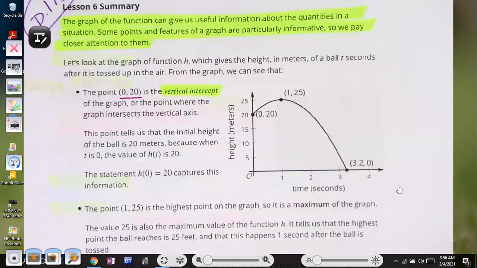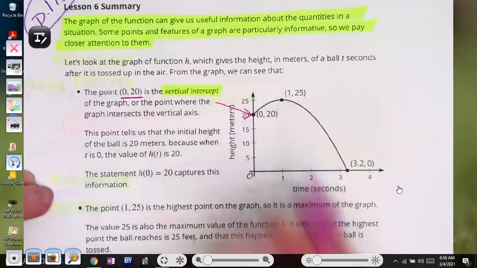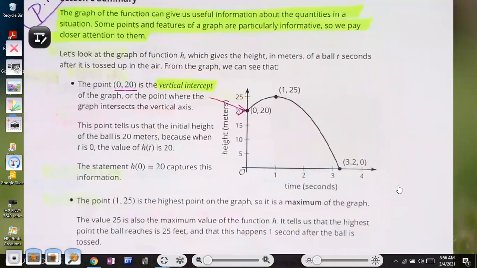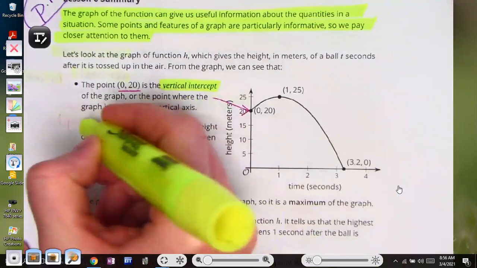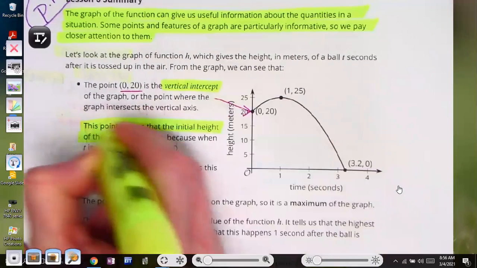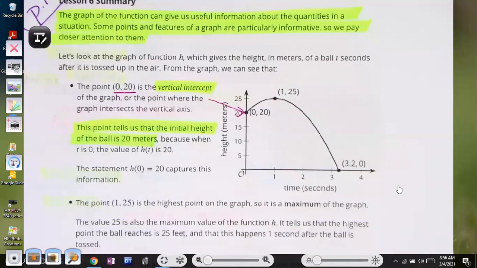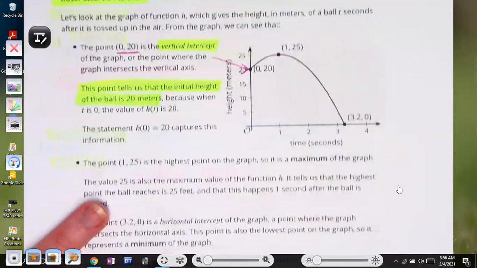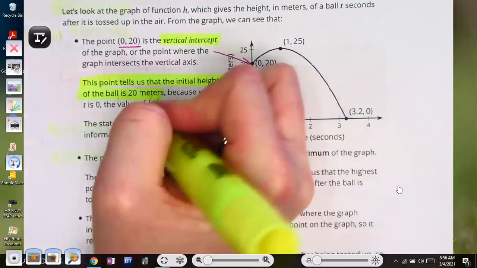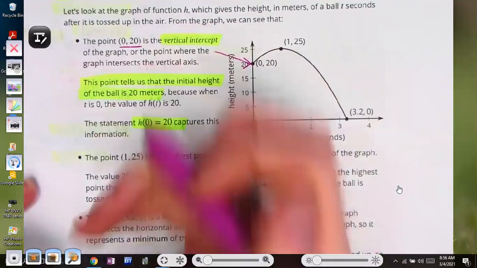That's this point right here, aka our y-intercept, or the point where the graph intersects the vertical axis. This point tells us that the initial height of the ball is 20 meters. So we would use this function notation to describe it.